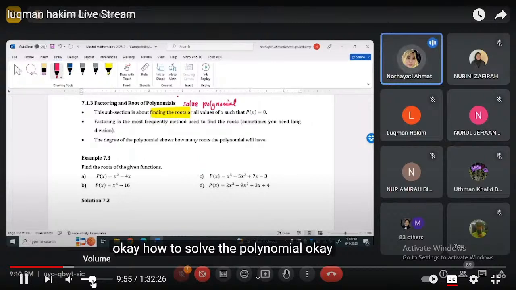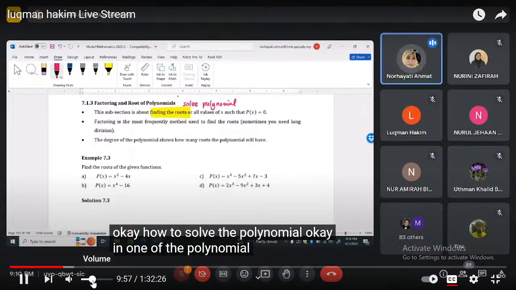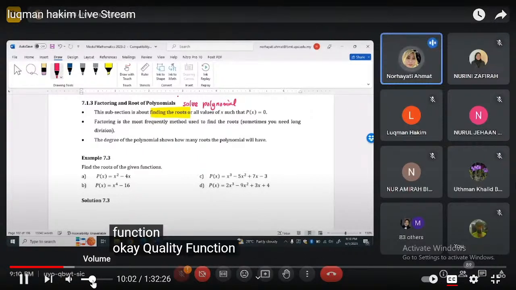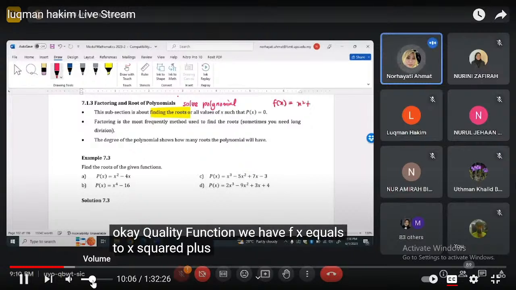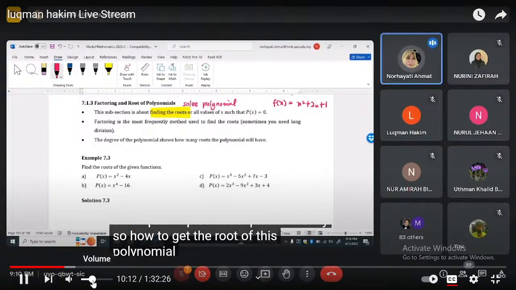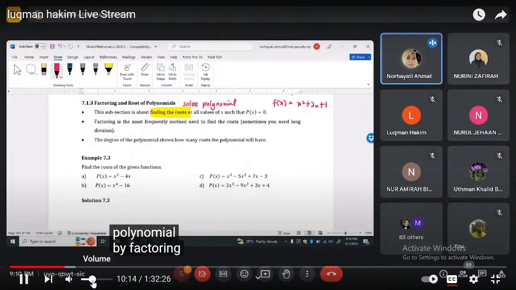How to solve the polynomial? If you still remember, one of the polynomials is the quadratic function. We have f(x) equals x squared plus 2x plus 1. So how to get the root of this polynomial? By factoring this function.